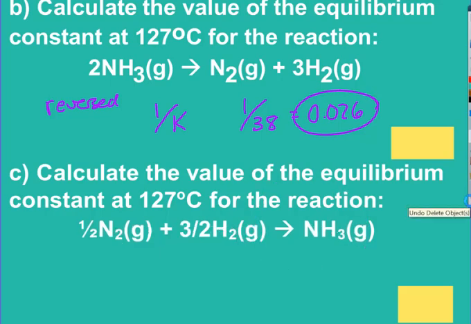So if we look at our first equation, we look at this one, we've divided everything by 2. So 1/2 the original. So that's K to the 0.5. We've multiplied everything by 1/2. So that's 38 to the 0.5, which gives us 6.2.